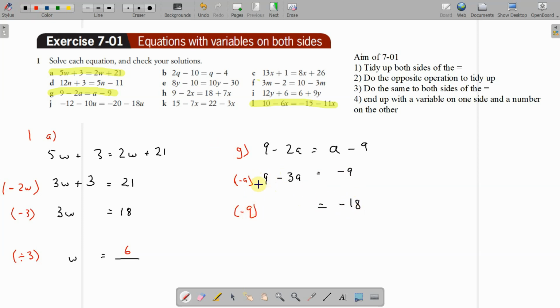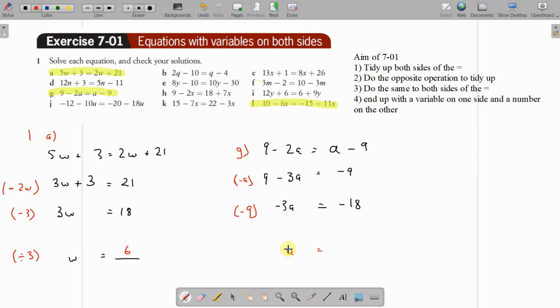That minus 9 is 0, so that can effectively disappear. All we're left with is this. And we're getting close. We've got variable, number. What we need is to get to a equals something.